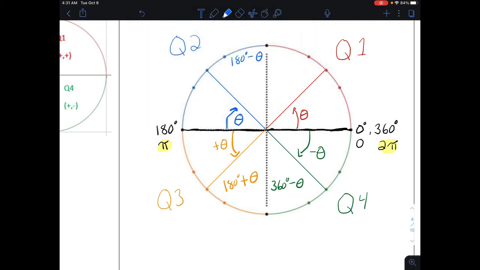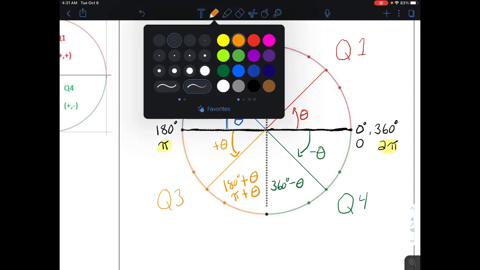So based on our reference angle, our angles in quadrant 2 would be equal to pi minus our reference angle. Just like we had 180 minus theta, it'd be pi minus theta. Quadrant 3, instead of being 180 plus our reference angle, would be pi plus our reference angle.